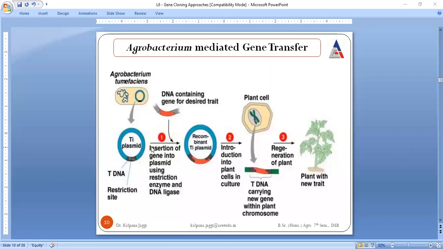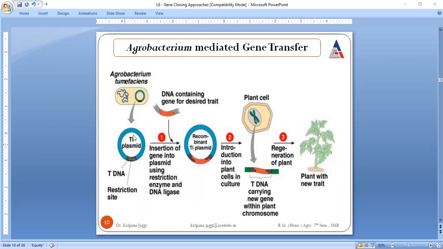Another example: we have this Agrobacterium tumefaciens bacteria. This is its own DNA, but in spite of the presence of its own DNA, it also synthesizes a double circular form of DNA that is said to be a vector, right? Or plasmid, anything. Plasmid is referred to as a vector only.